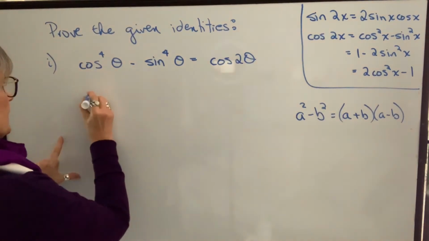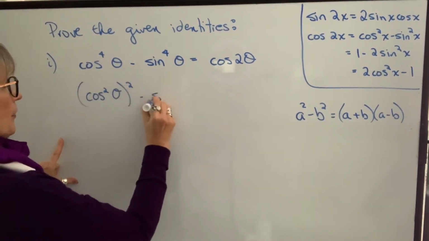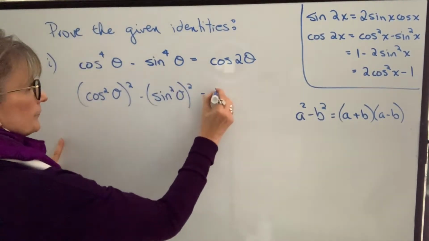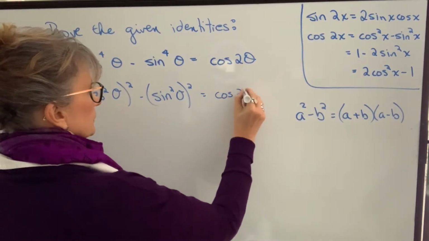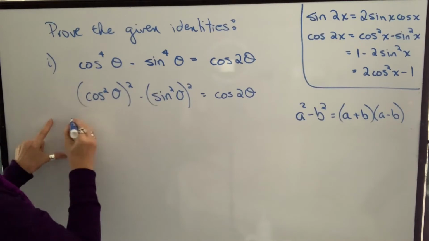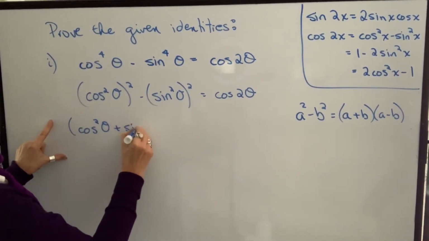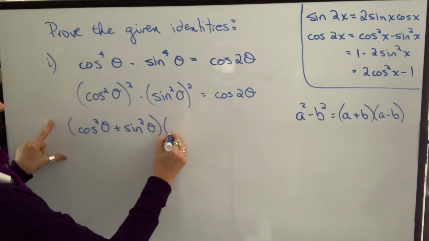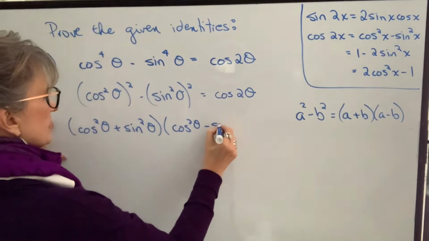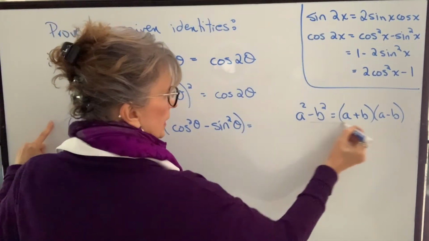So I can think of this as being cos² θ squared minus sin² θ squared. So therefore, when I factor this, my factors will be cos² θ plus sin² θ times cos² θ minus sin² θ. I'm just plugging into my factors.